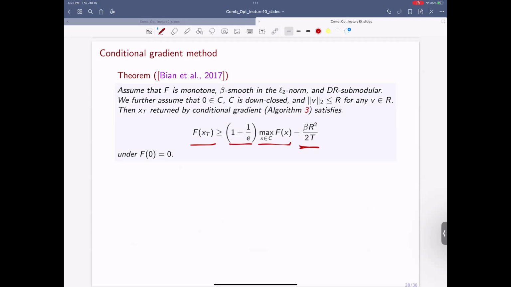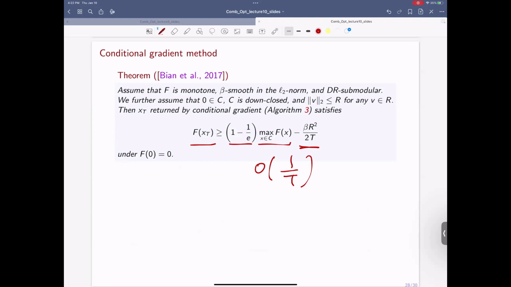Okay. For this kind of problem, we say that the convergence rate is 1 over t. Which means that if you increase the value t, the additive error will reduce to 0. And the rate of the convergence is 1 over t.